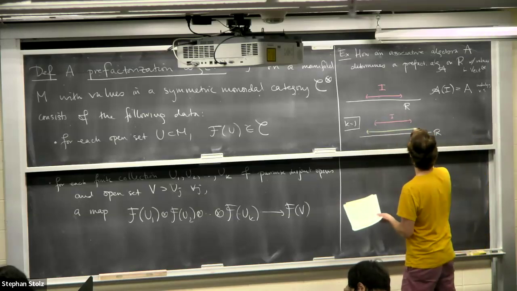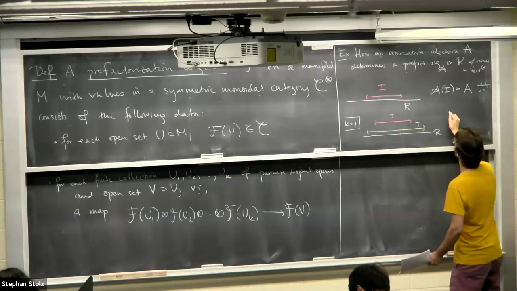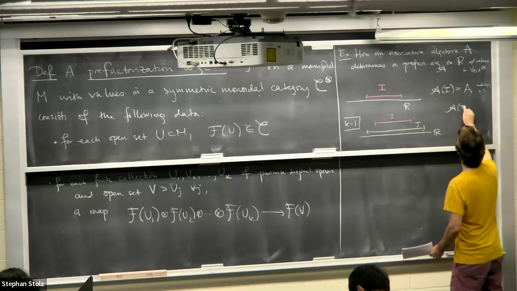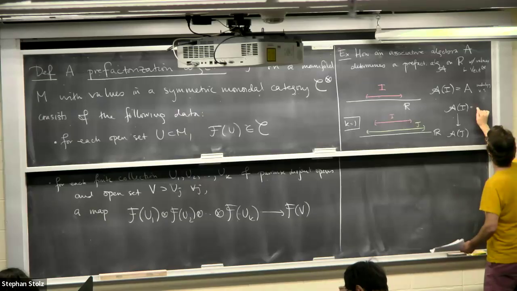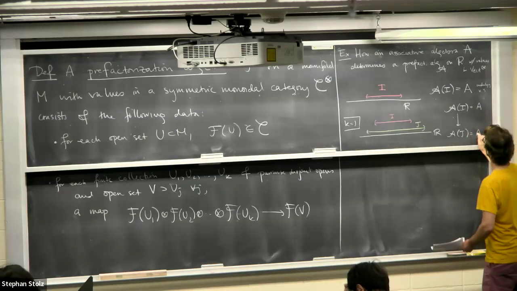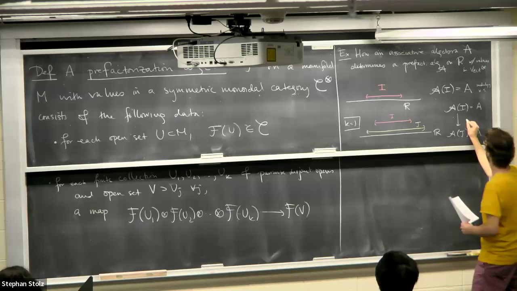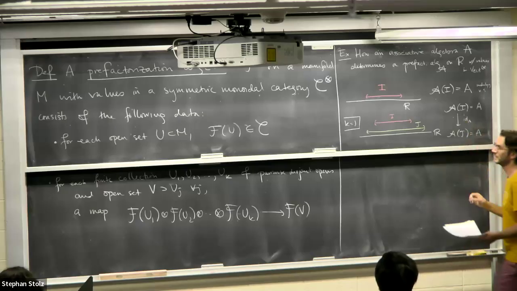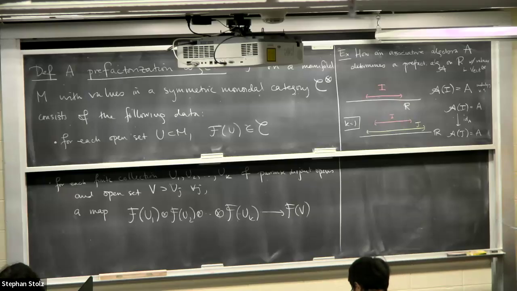Maybe it's sitting inside of some bigger open J. So I have A of I, and I want to map to A of J. Remember, this is the vector space A. It's also the vector space A. What do you think the map is? Identity. Very good. So far, so good. Yeah, question? Is this supposed to be connected? Doesn't need to be.